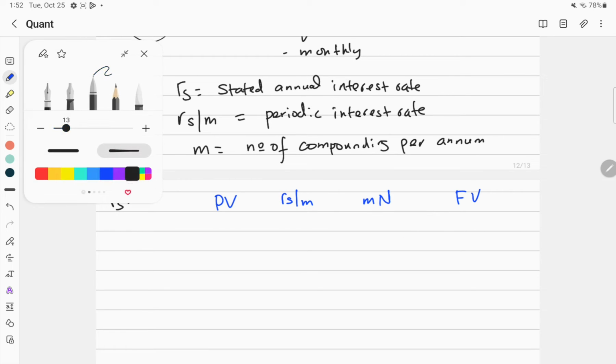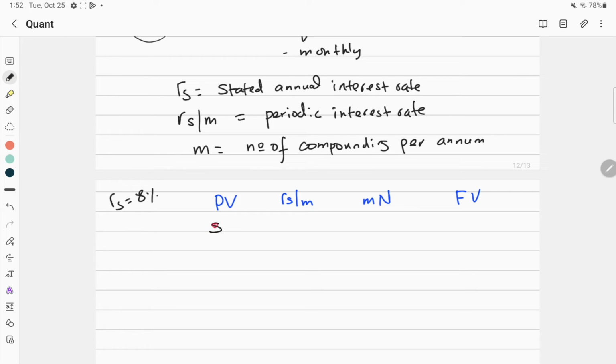So we invested $1 today at an 8% stated annual interest rate, and if this is compounded annually, which means M is 1, let me give myself some space here, with MN, the future value, and the stated annual interest rate of 8%.